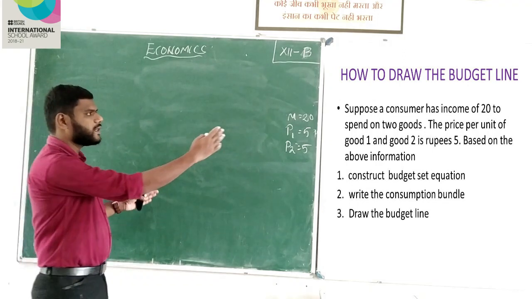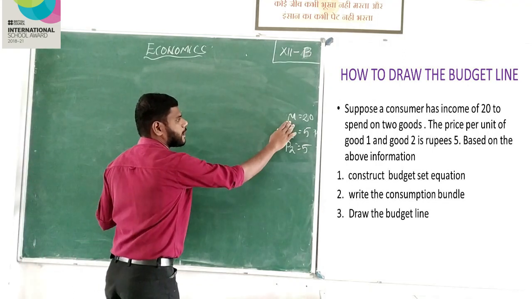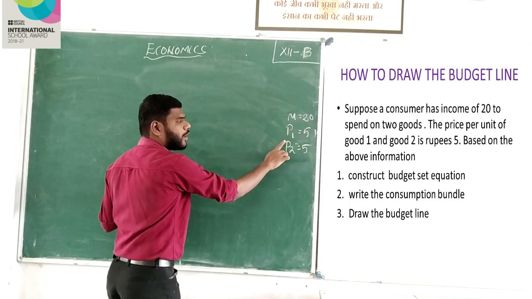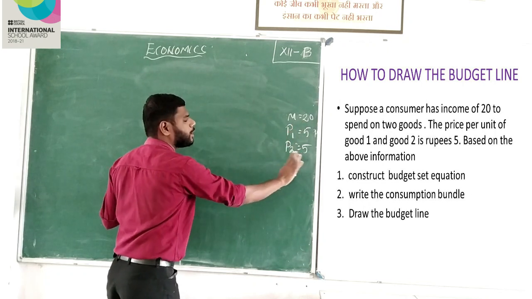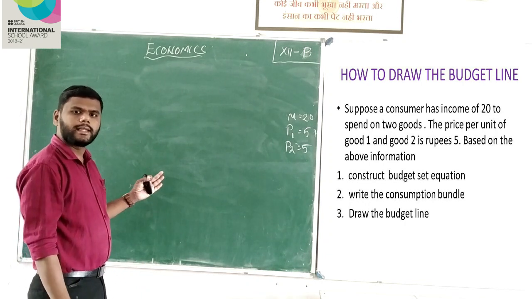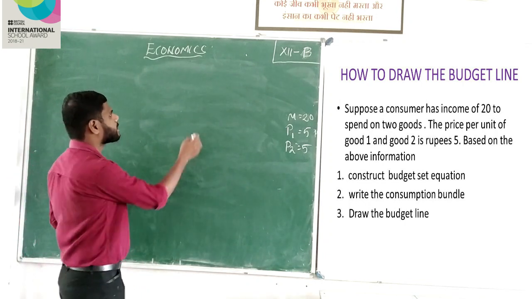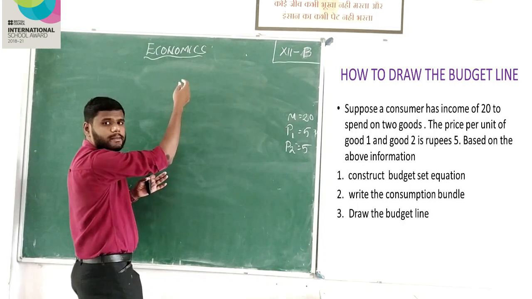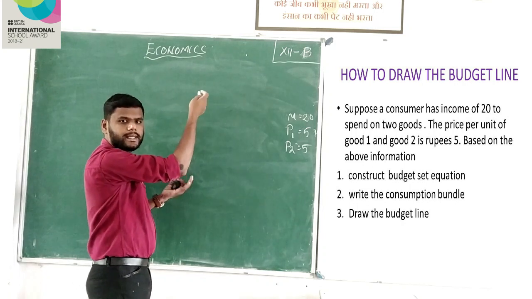Here M is equal to 20, P1 is equal to 5, and P2 is equal to 5. Based on this, we can write the equation. Before that, what is the basic form of the budget line equation?